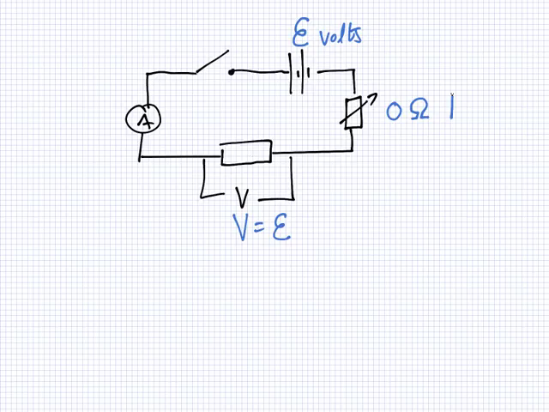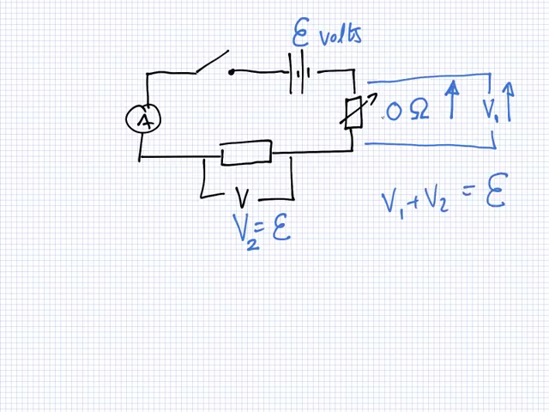Now, if I increase this, if I could measure the voltage, which I don't, but if I could, this will start to increase here. So I'll call this V1 and I'll call this V2. But I know that V1 plus V2 should equal the total, which we said is E at the beginning, because that's what the battery can provide.